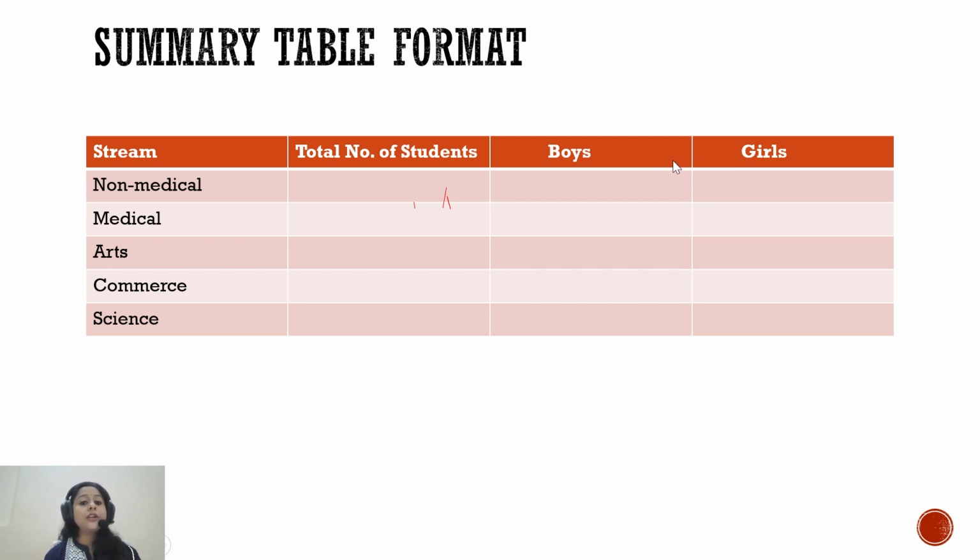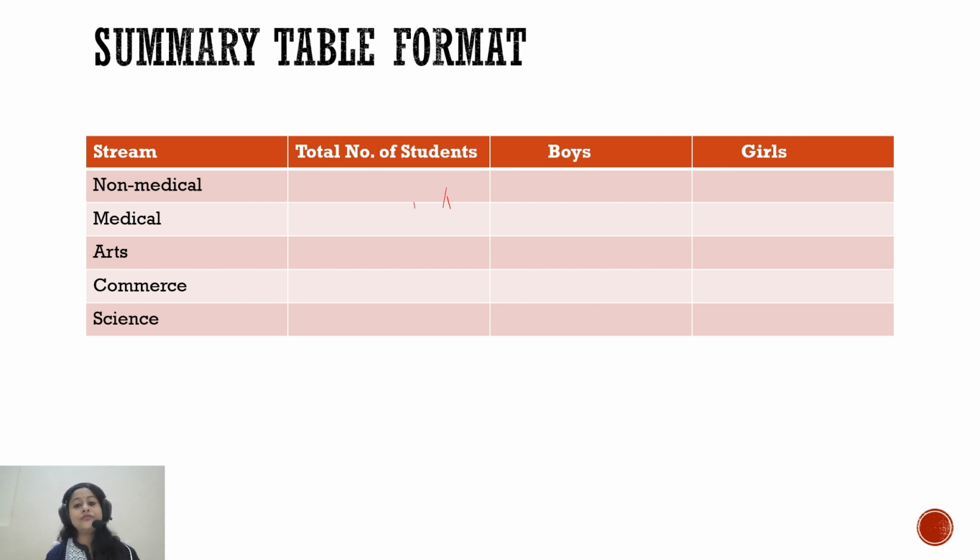Once you have the total number of students and girl students, you can easily find the absolute number of boy students enrolled for a particular stream by subtracting girl students from the total. So once you fill up this summary table after calculation, you can answer all the 5 questions very easily. I'll show you that.